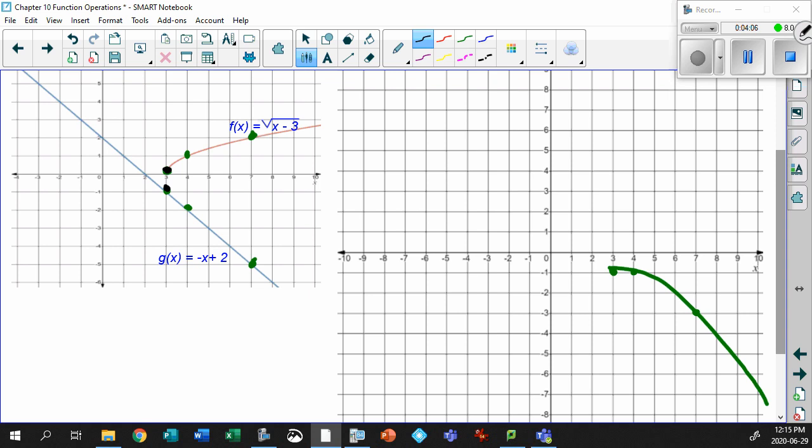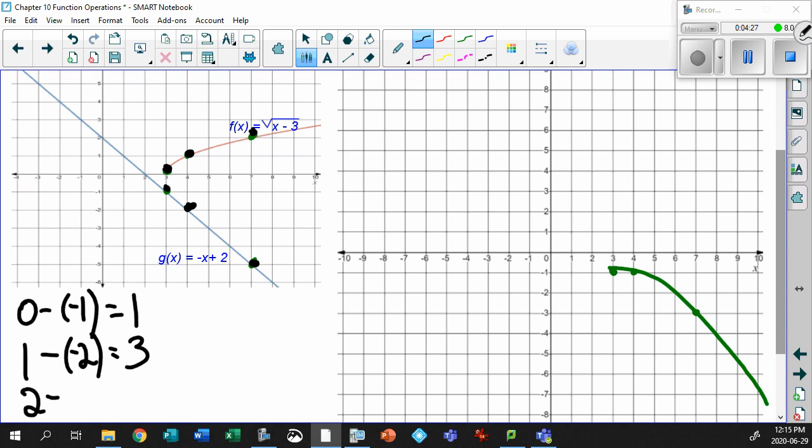So this is going to be 0 subtract a minus 1. That looks like 1. This guy here is going to be 1 subtract a minus 2, which is going to be, well, okay, 1 subtract a minus 2 is going to be 3, right? This one out here is going to be a 2 subtract a minus 5, which looks like it's going to be 7.